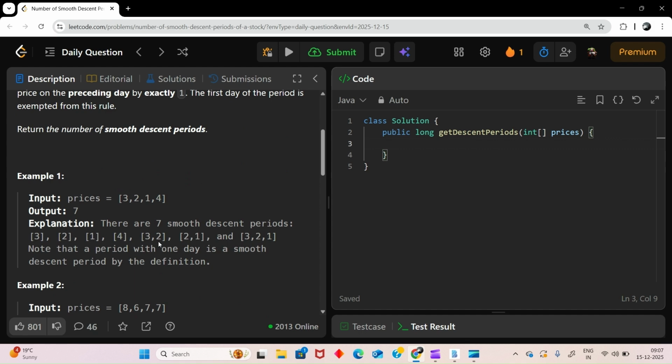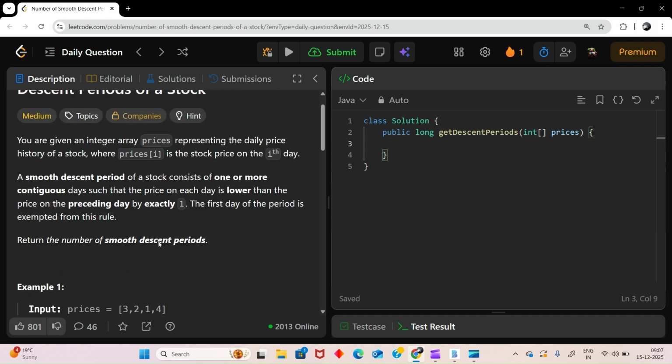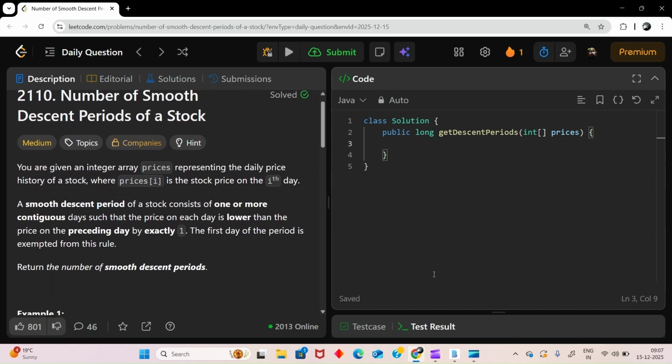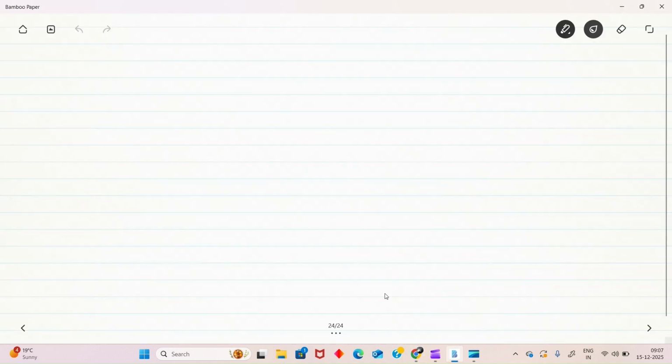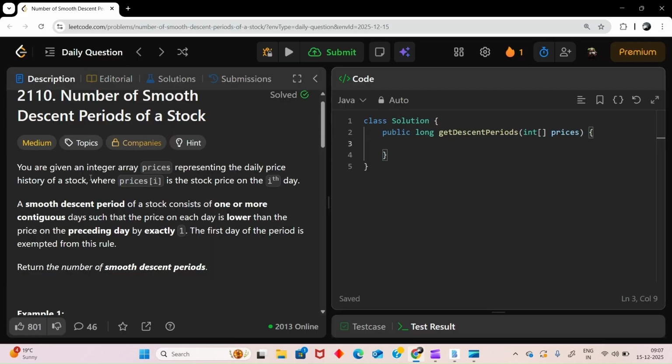So what is given in the question is an array of prices, where prices of i represents the stock price.